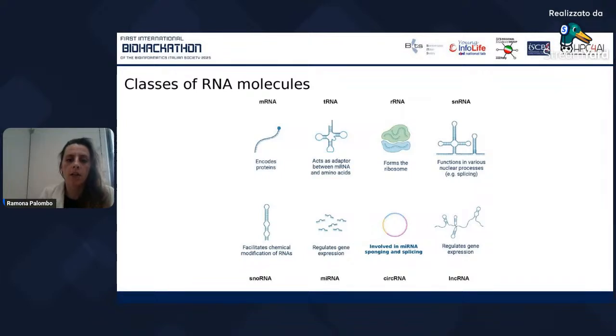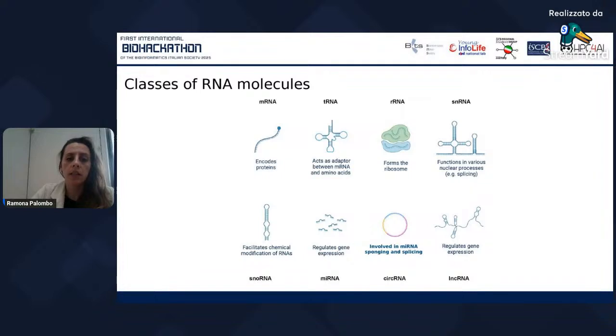In fact, they can also be part of the structural part of nuclei, but they can also take part into splicing processes. Then we have microRNAs that can act as decoy for messenger RNA and regulate their translation. And the last two are the circular RNAs and long non-coding RNAs.